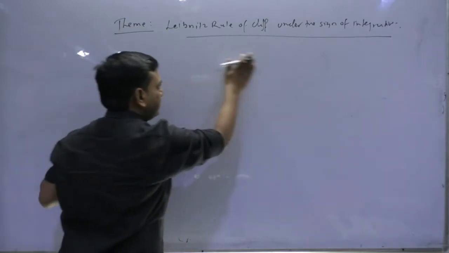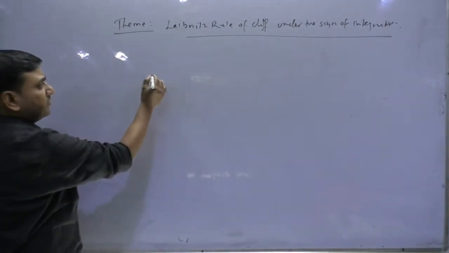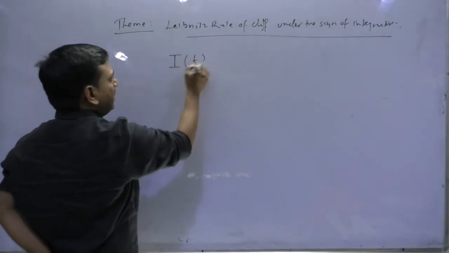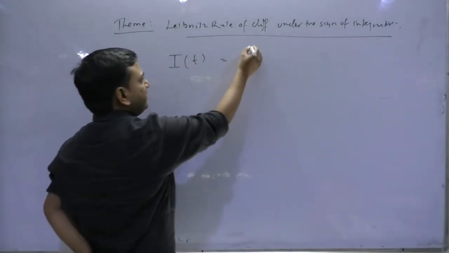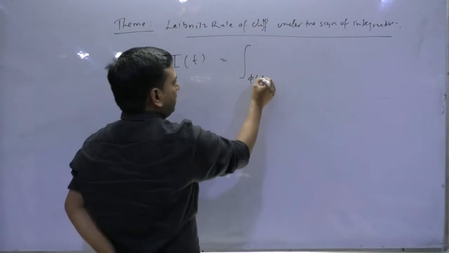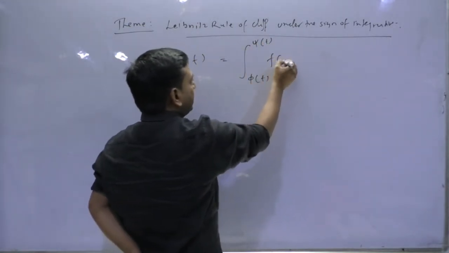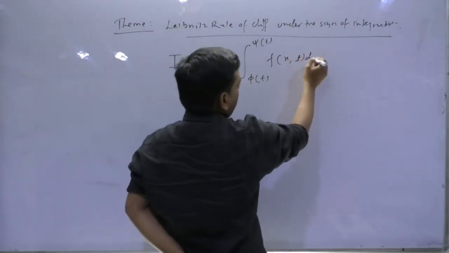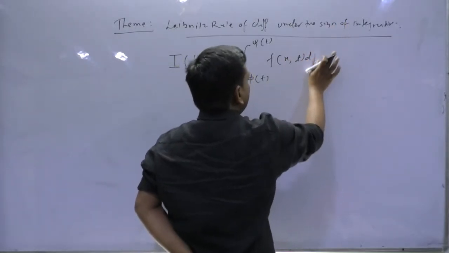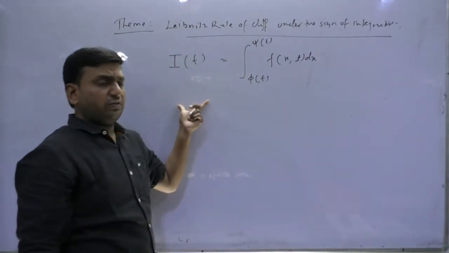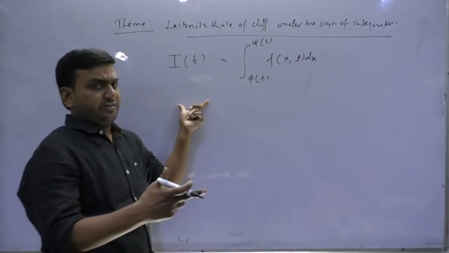So मैं यहाँ पर जल्दी से आपको brief करना चाहूँगा इस चीज़ को कि suppose that you have a function I of t as limits phi of t to psi of t, say f of x comma t dx. Okay, please notice on the board the theoretical part is written on that PDF.